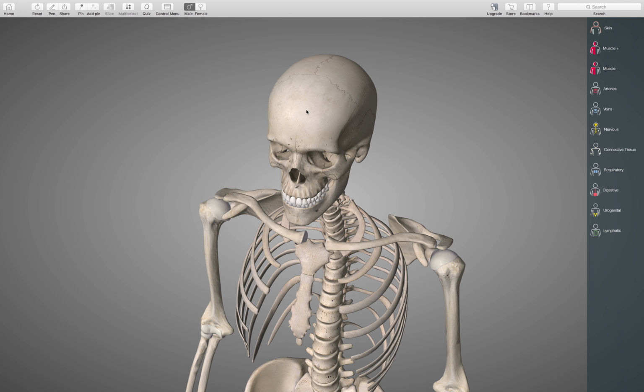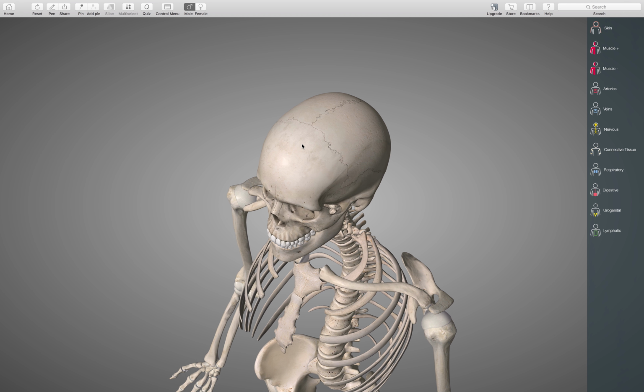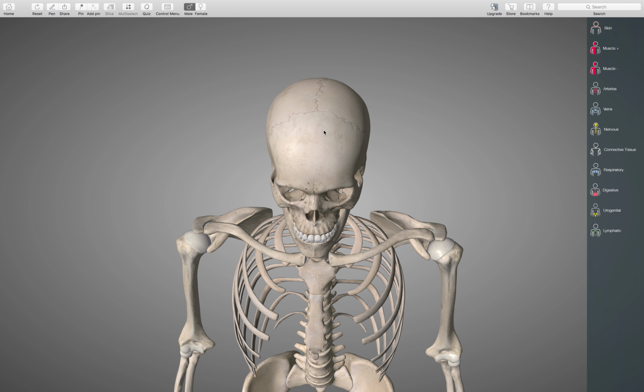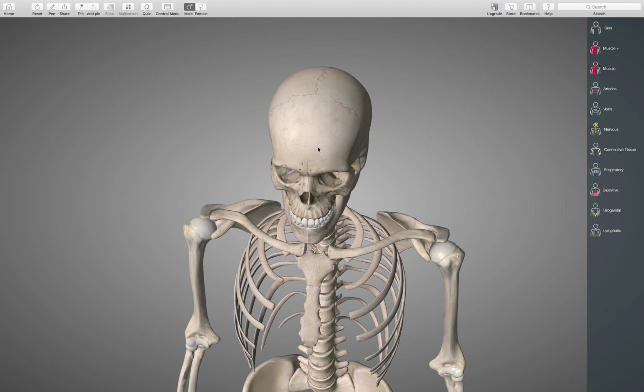The forehead is called the frontal bone. In the front part, it is the biggest bone in the front. It covers the frontal part of the brain.